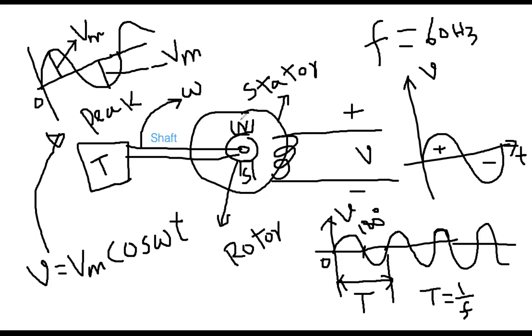When this north pole is properly aligned with the coil, then it is getting maximum. But then again, the north pole is departing gradually, leaving this coil. So it is decreasing, decreasing. And then again, it is coming under the area of the south pole. You know the effect of the south pole, north pole is opposite. That's why it is going to the negative side. In that way, it is varying.